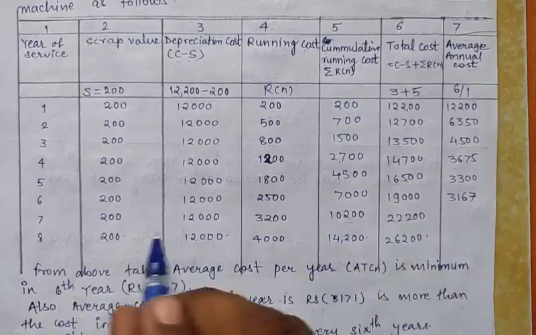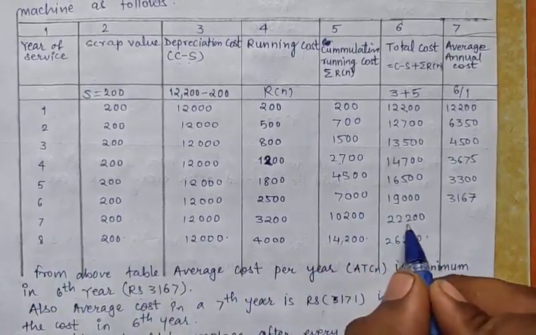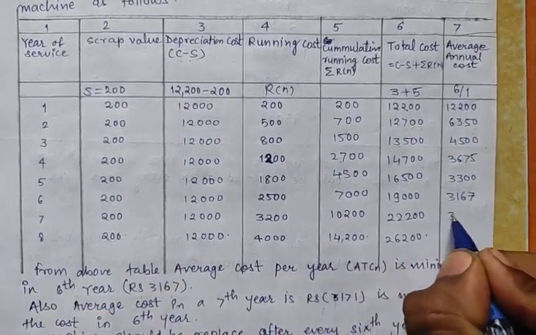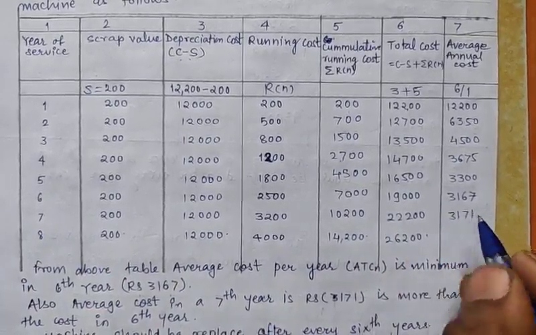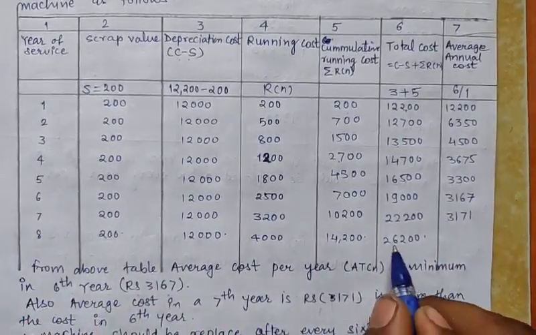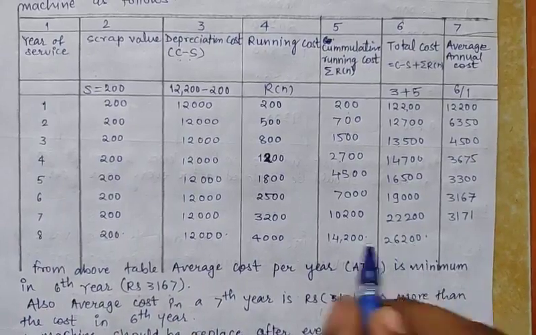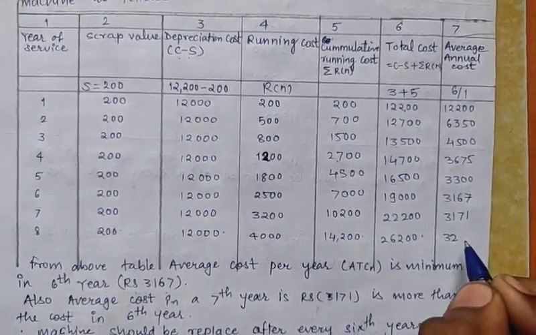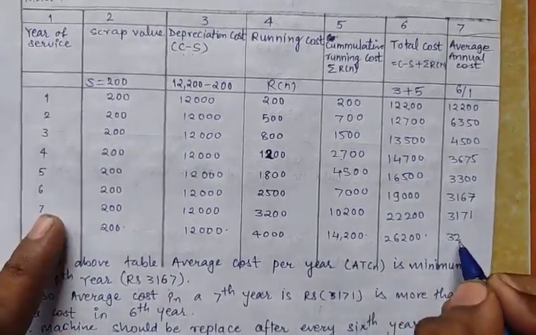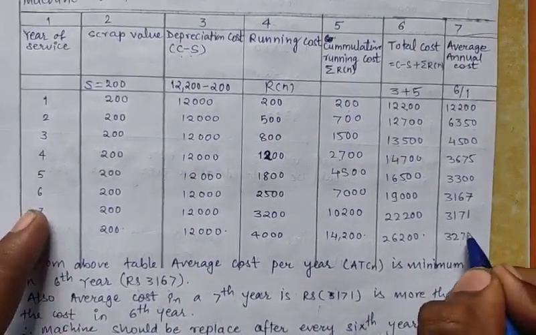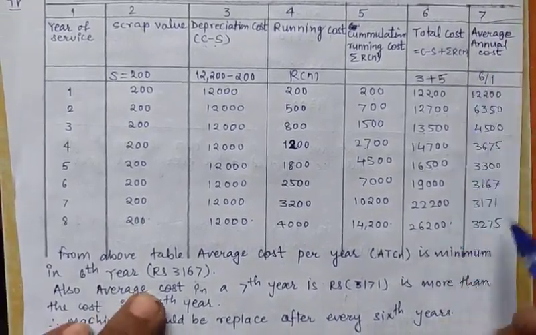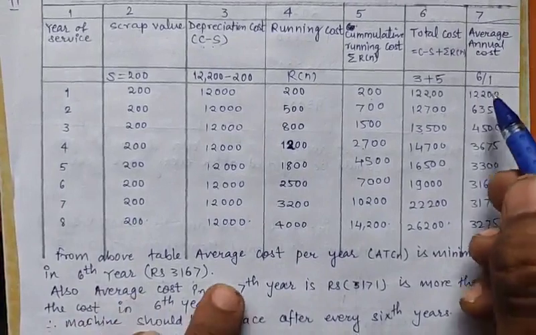Next divide 22,200 by 7, then we will get 3,171. And next divide last 26,200 by 8, we will get 3,275.